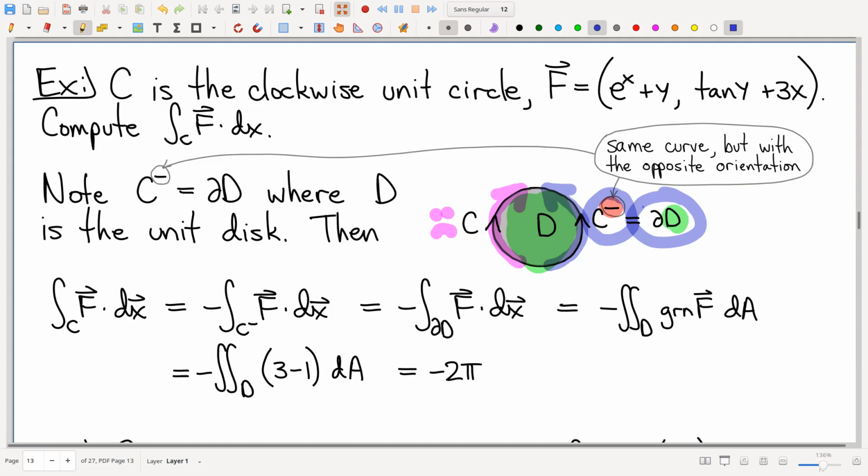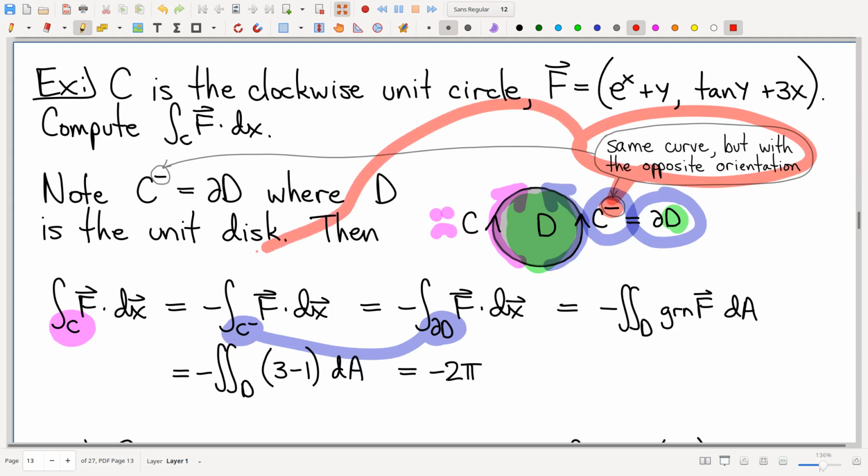So the curve that we are interested in relates to the curve that actually is a boundary by way of it having the opposite orientation, which just gives me a minus sign right there. Now let's take a moment, make sure everybody's comfortable with that. Everybody see what happened?